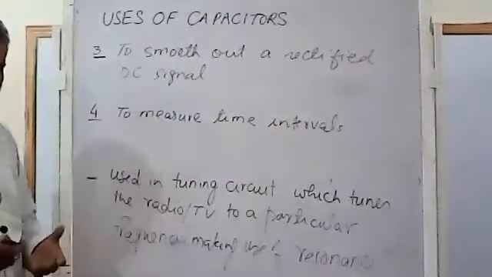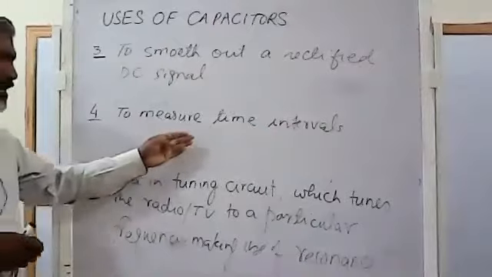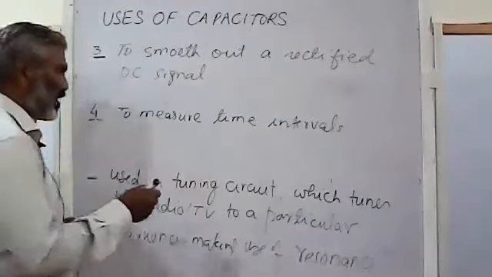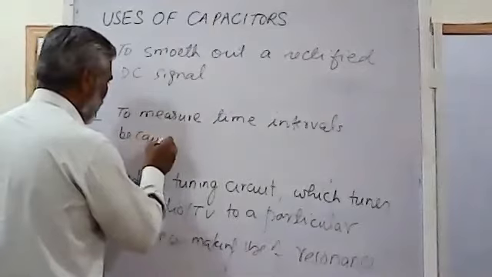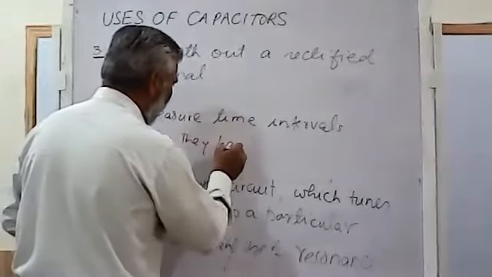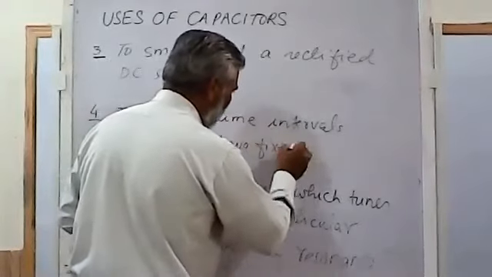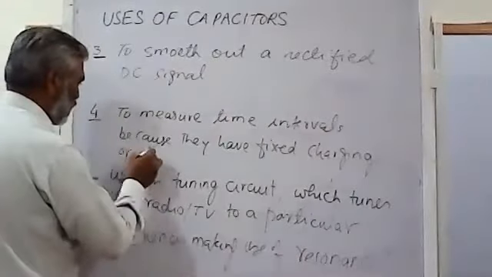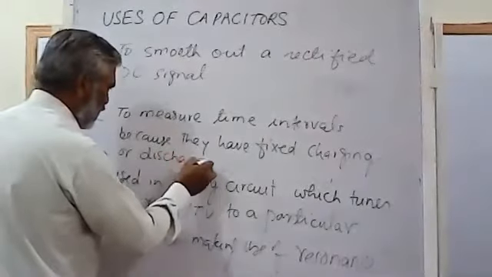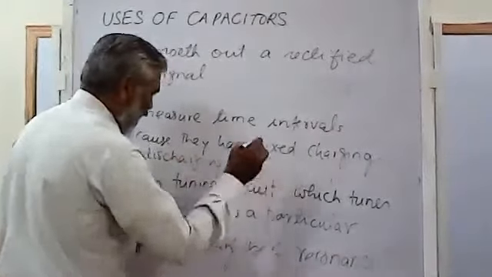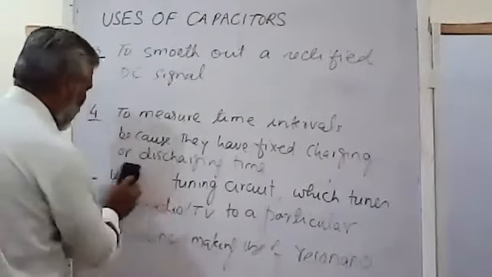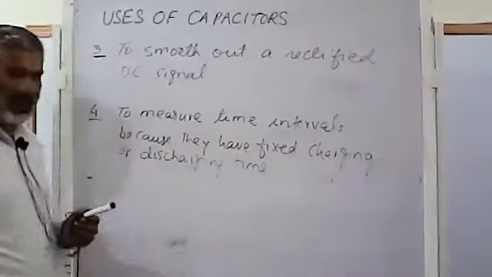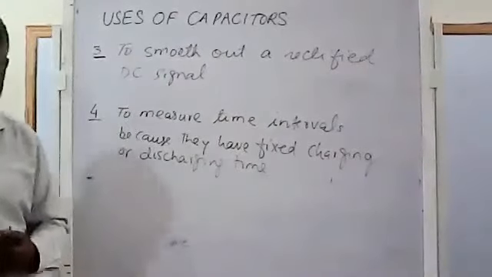And if they ask how and why, you can simply add, because they take fixed or definite intervals of time to charge and to discharge, because they have fixed charging or discharging time, if the capacitance is unchanged, and if the resistance through which they discharge and charge is known.